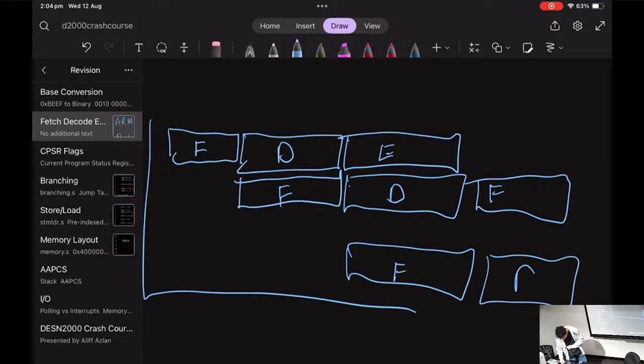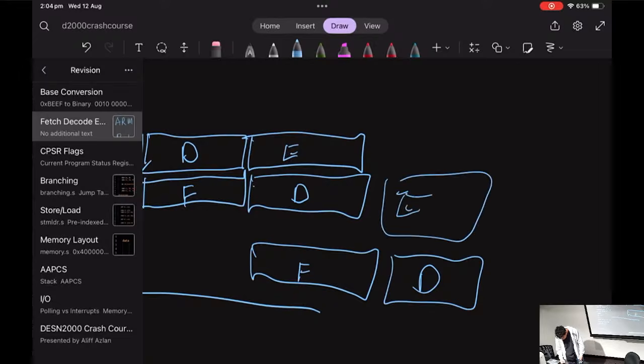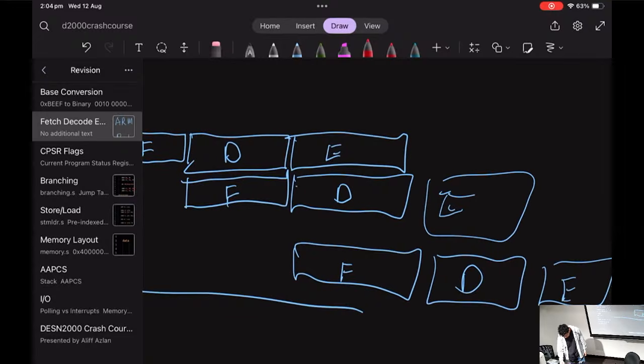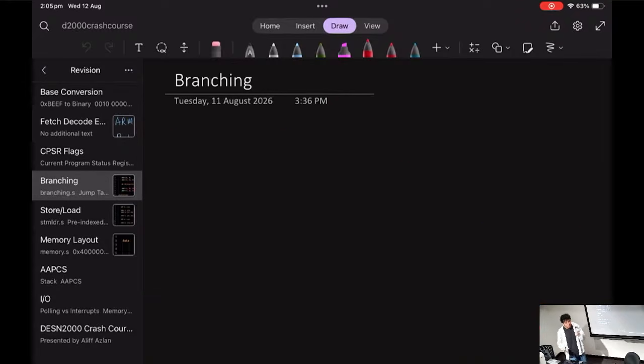Now, what happens if suddenly we branch? Let's say we branch at this location here, so suddenly we move to a different place in the program. What happens to these ones here that we've prepared? We have to discard them. This is something called flushing the pipeline.